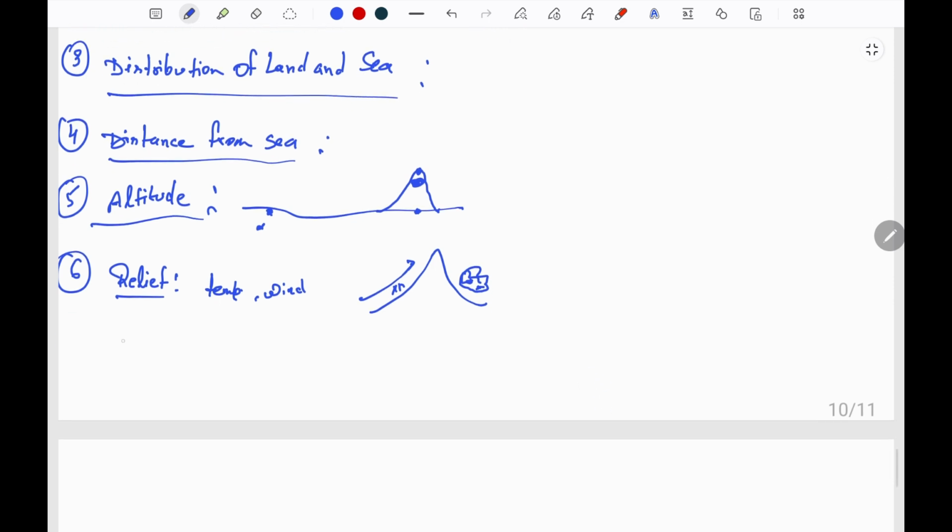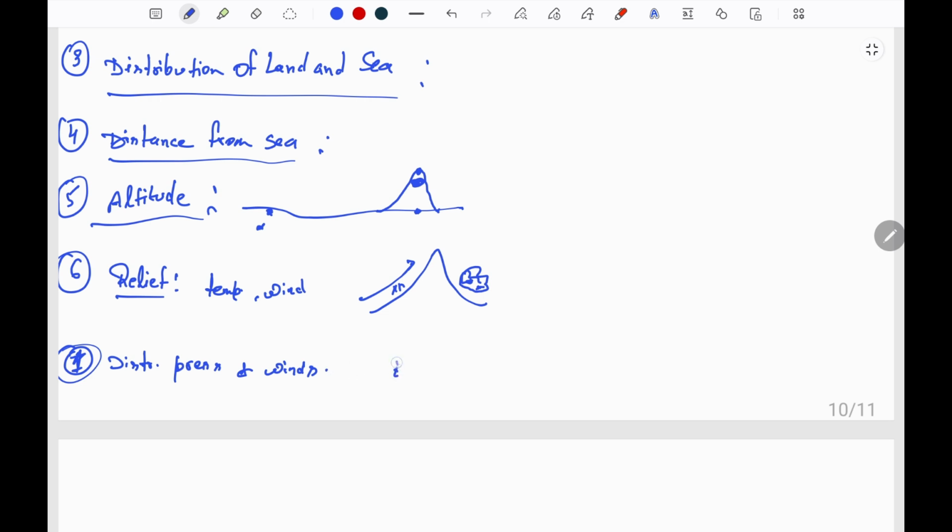Now other factors are those related to air pressure and wind. First one is distribution of pressure and winds.